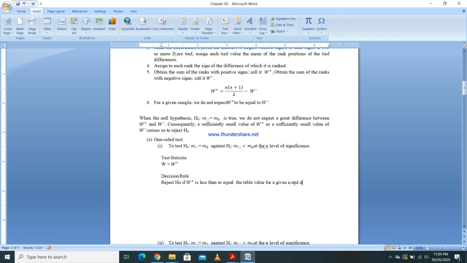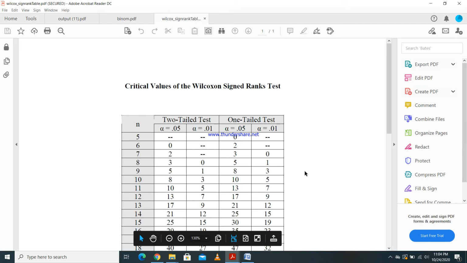So how are we going to read this table value? For that you have the Wilcoxon sign rank tables. In the first column you have the size of your sample, and if you are going with a one-tail test, you have to read this column. Then you have the alpha value. In this table you have only two alpha values, the commonly used ones, 0.05 and 0.01.